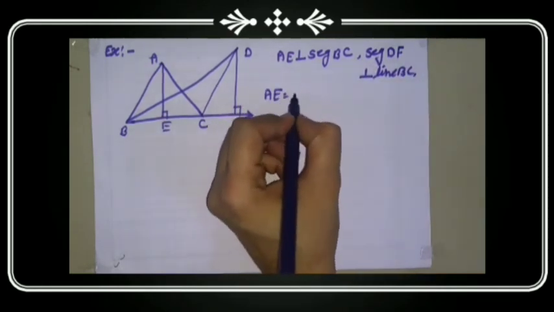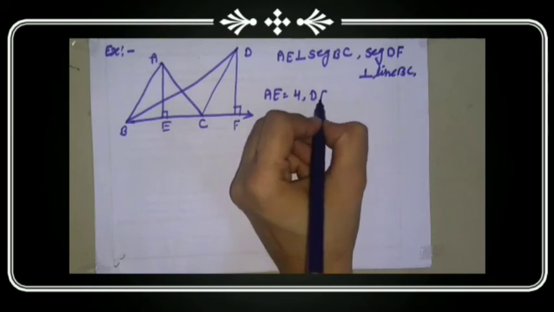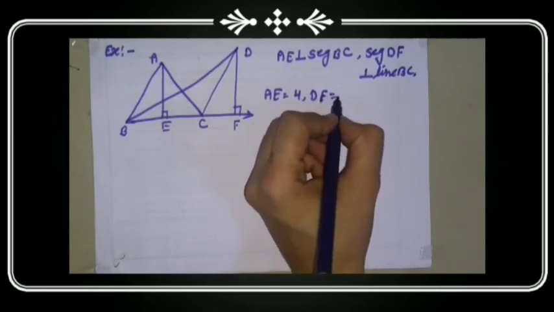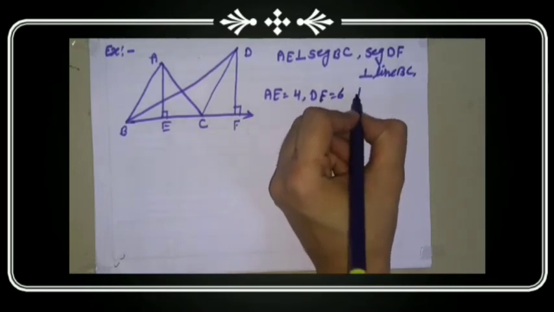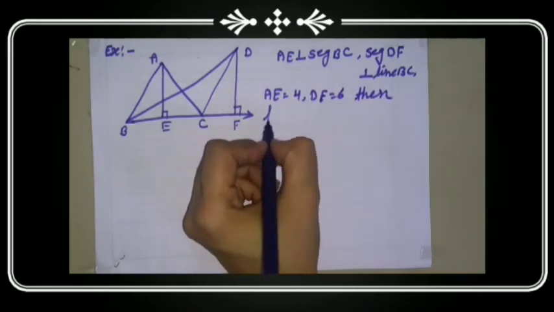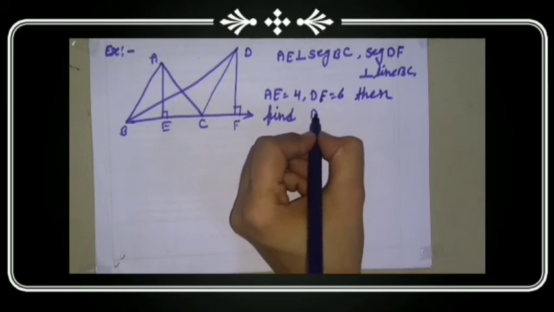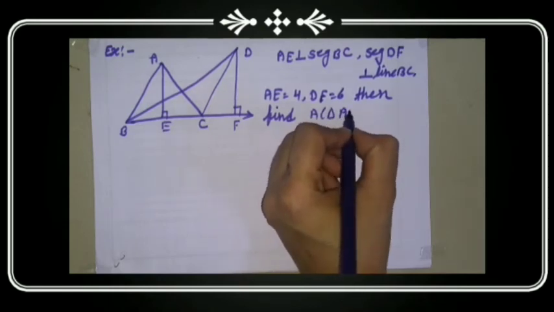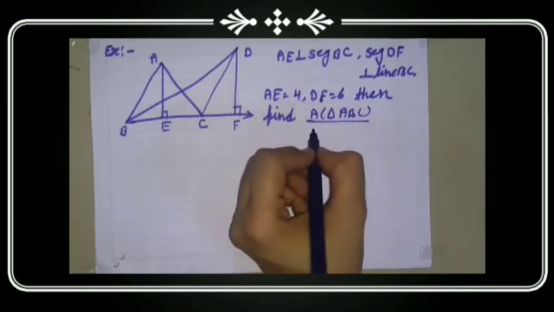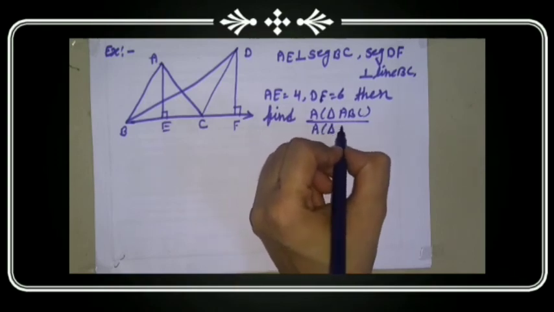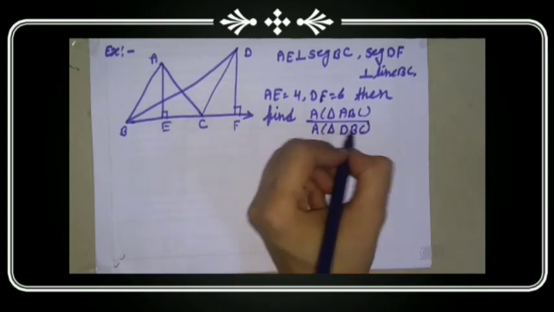AE equal to 4, DF equal to 6. Then find area of triangle ABC and area of triangle DBC.